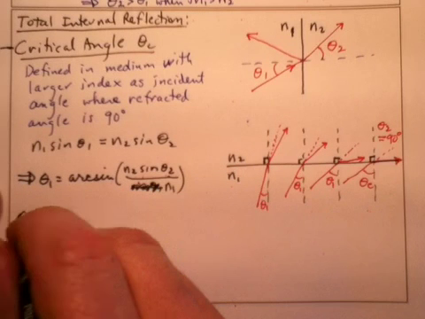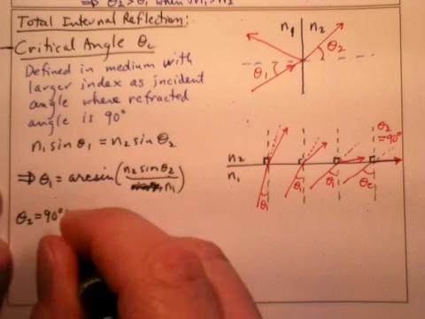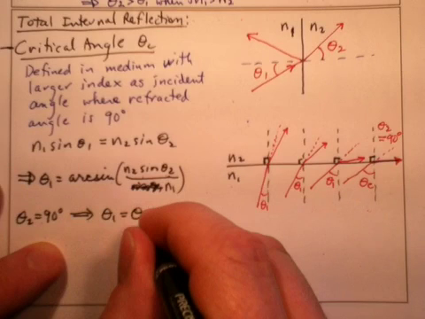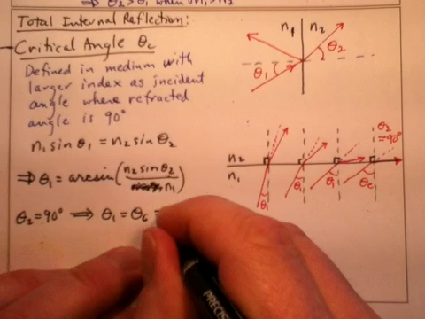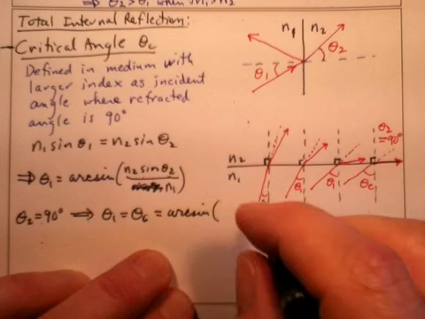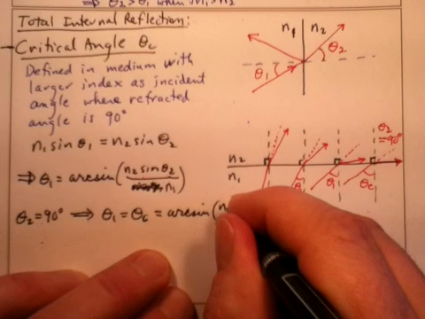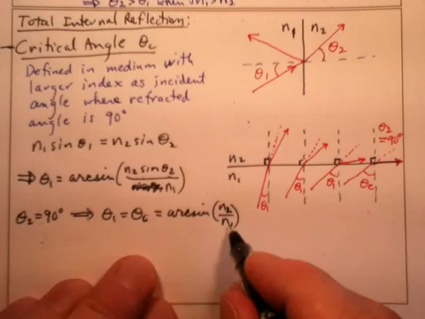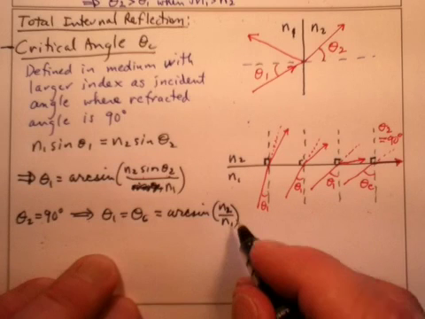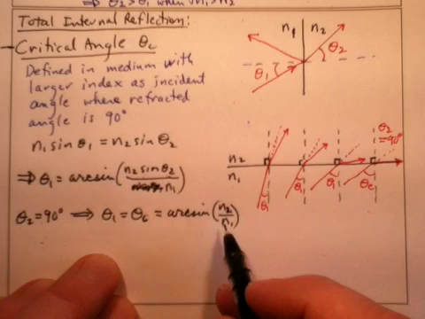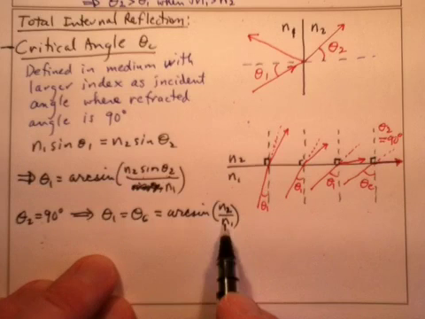And if theta 2 is 90 degrees, that implies theta 1 is equal to theta critical, which is equal to the arc sine of n2 over n1. It's possible to take that arc sine because n2 is less than n1. We can only take the arc sine of a number that is less than 1, and so that works out.